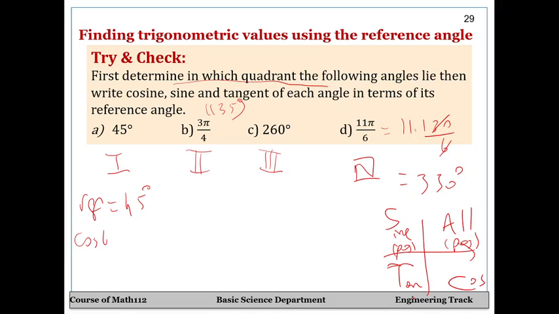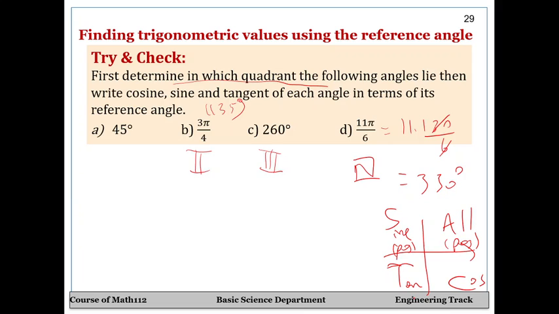So cosine 45, like in the first one, since the reference angle is the same as the angle itself, no need to write the equalities here. Okay, I will skip this part because I will write the same thing as cosine, sine 45.